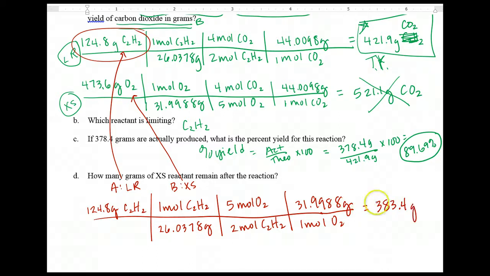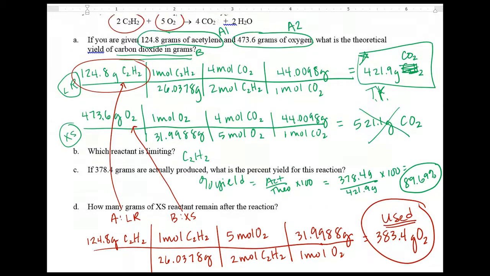The number we come up with is 383.4 grams of oxygen. Now, many students think that is the answer. That is the amount of oxygen that is used in the problem. So, not really our answer yet, just the amount that's used.